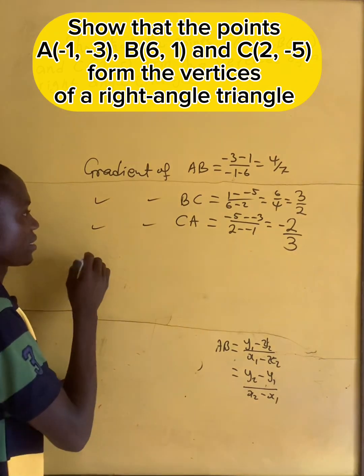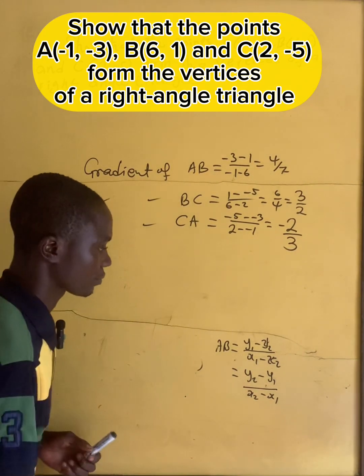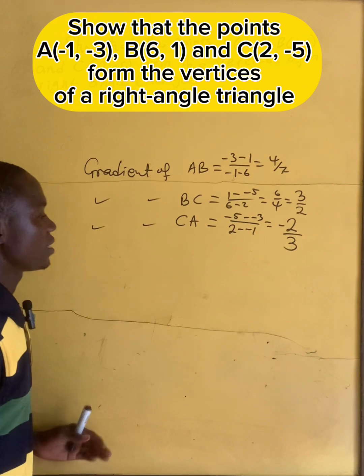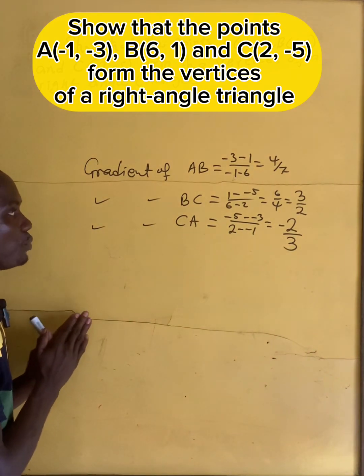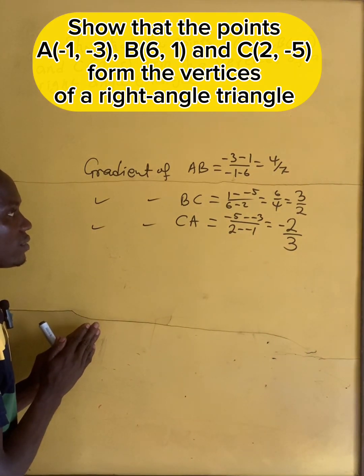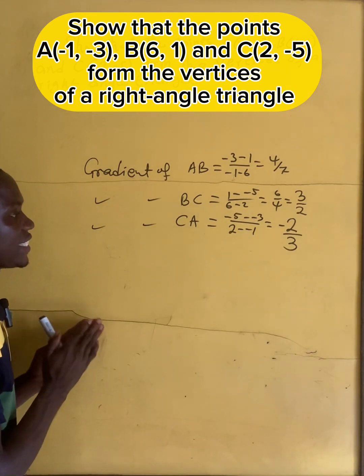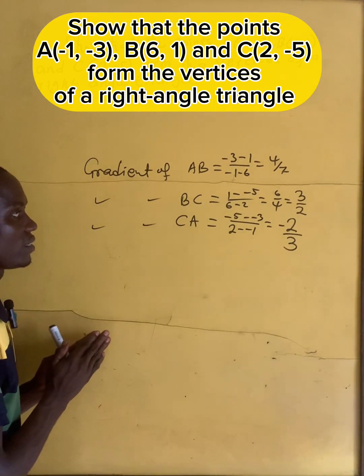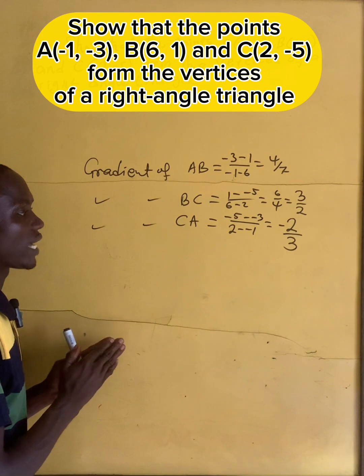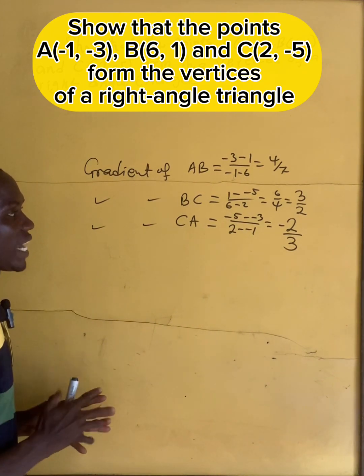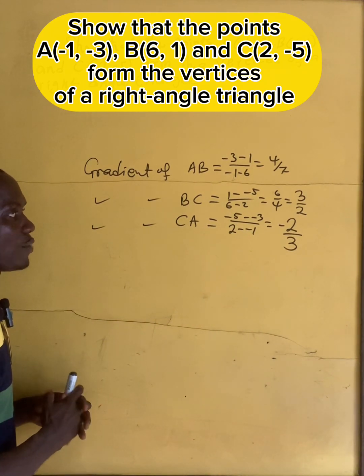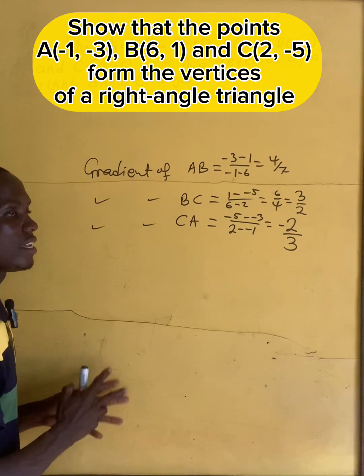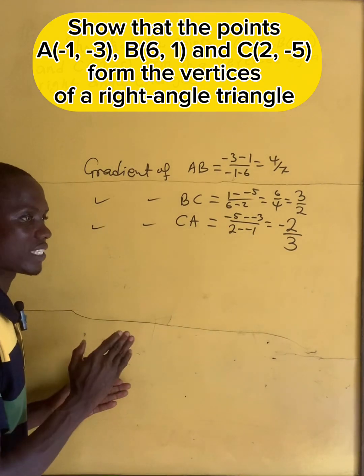We write that since the gradient of line BC is the negative reciprocal of the gradient of line CA, line BC and line CA meet at right angles.